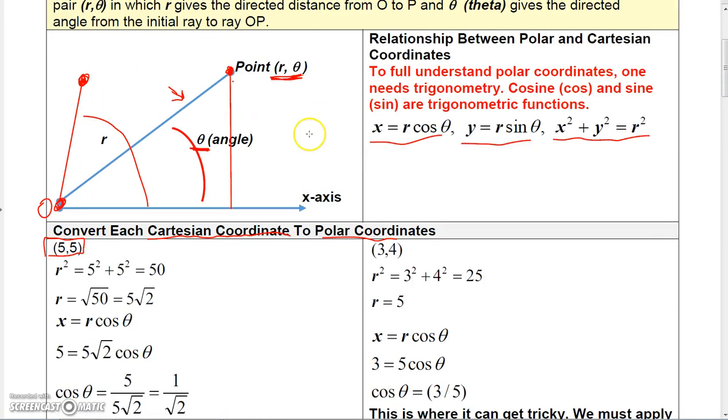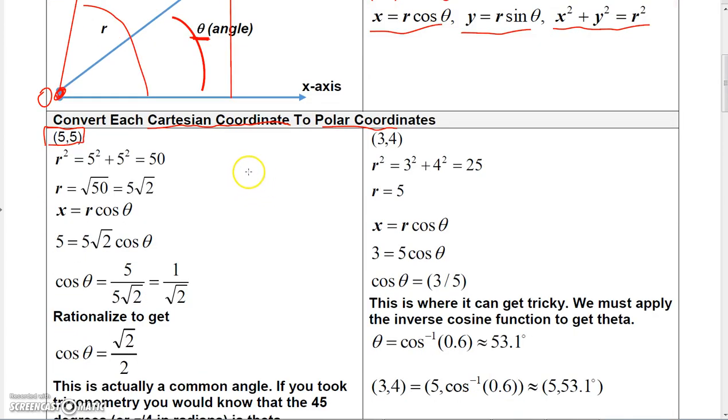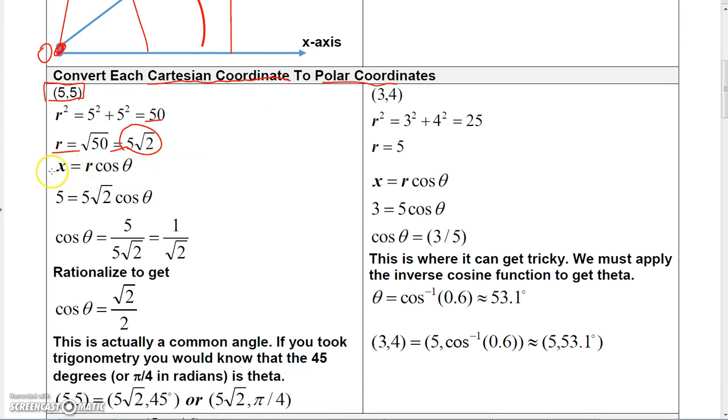Well, first of all, we know that x squared plus y squared equals r squared. So r squared would be 5 squared plus 5 squared, which is 50. That would mean r is the square root of 50, or 5 square root of 2. So that's r. Now, remember, x must equal r cosine theta.